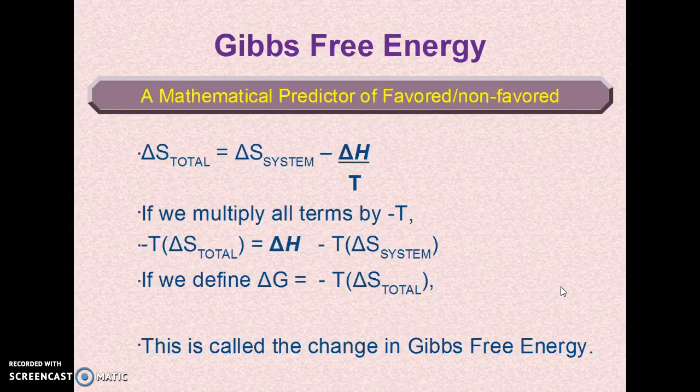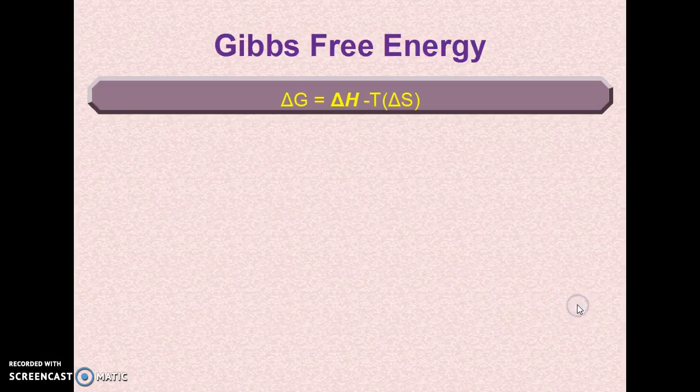If we define delta G, the Gibbs free energy, as minus T times the change in entropy for the total system and environment, then we get the equation delta G equals delta H minus T delta S. This is the change in Gibbs free energy.